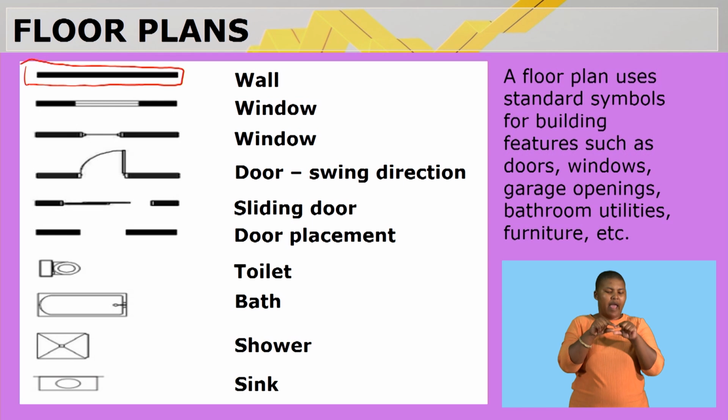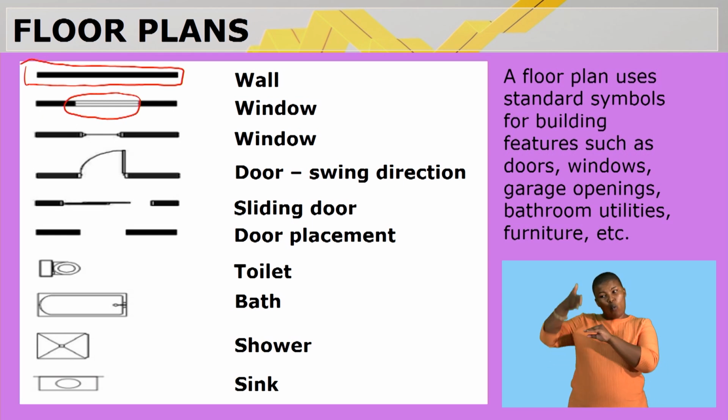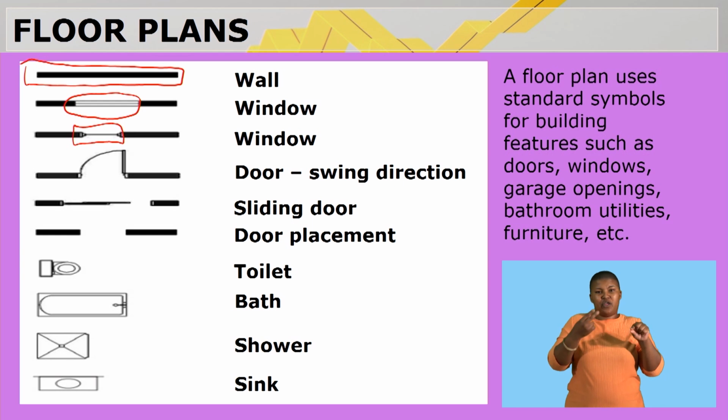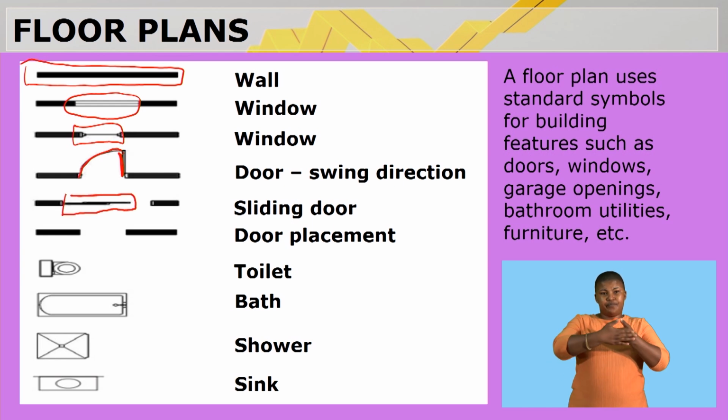A window will be connected to a wall. That will be a rectangle with a stripe through it, or it can be just a thinner line. Then the door will always show you the swing direction. So here it is opening to the outside. And then a sliding door will be 2 thin lines showing that one is going behind the other.